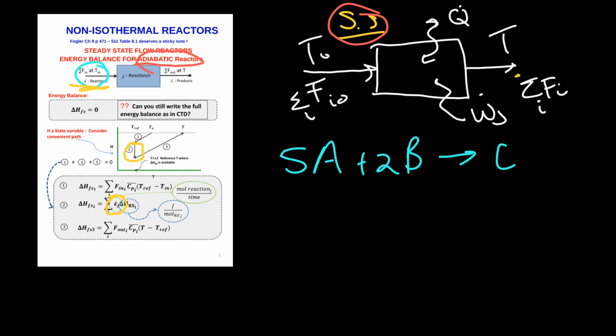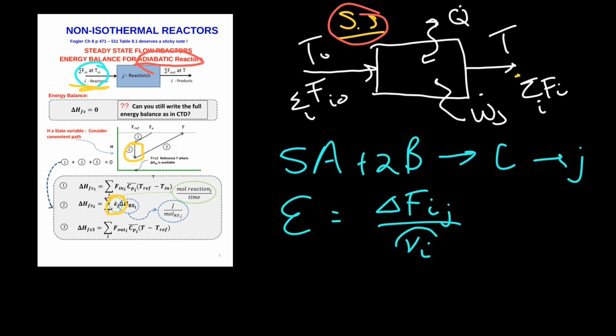So the reaction coordinate is equal to the change in the number of moles of any of the components that participates in this reaction J, divided by the stoichiometric number. And this must now have a sign.